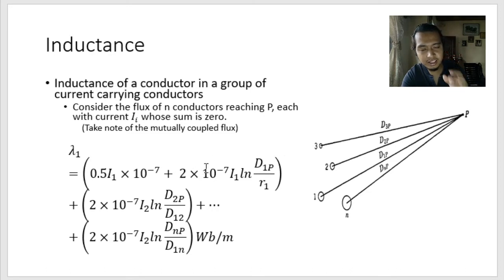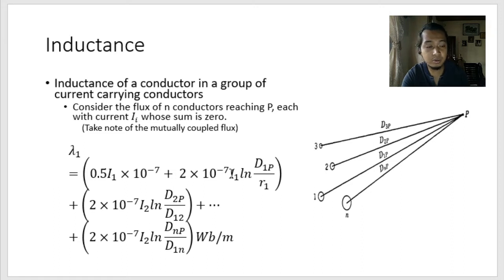So this is the interesting part here, well, it's not really interesting because it complicates things. The hard part here is that the magnetic flux linkage 1, external, take note, external is also affected by the other conductors. So you see these terms here. 2 times 10 to the negative 7 I1, take note, this one is due to the current I1.